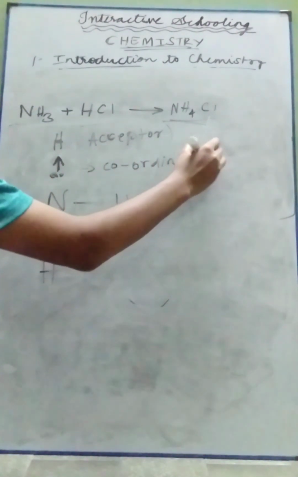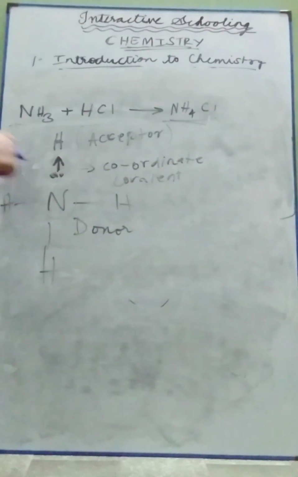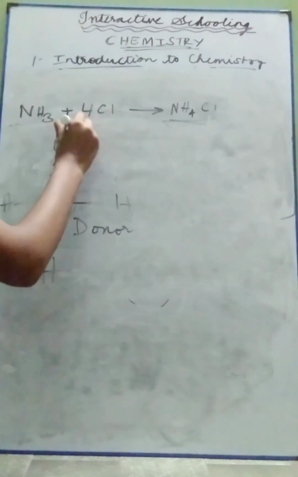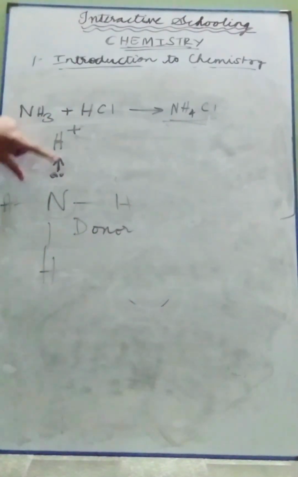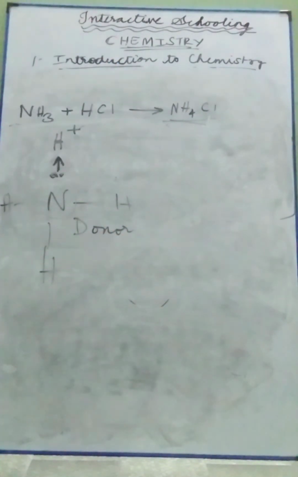So this coordinate covalent bond is denoted by an arrow mark. So here, for this H plus, these 2 electrons are shared. They are not exactly lost. If I say that I'm giving my hand to my brother, it doesn't mean that I'm cutting it off and giving it to him, right?